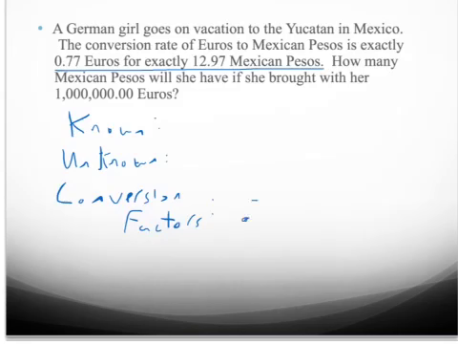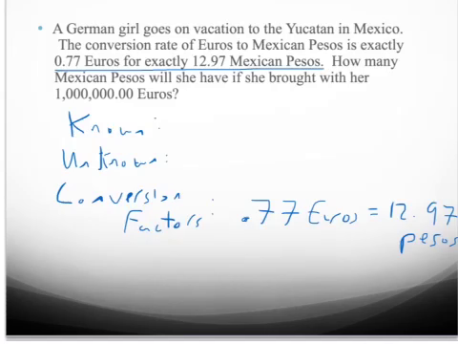So that's one conversion factor that I'll write right here. Euros equals 12.97 pesos.